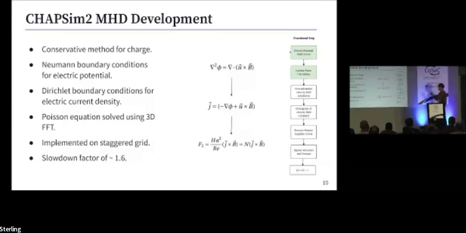And we use Dirichlet boundary conditions for electric current density, and Neumann boundary conditions for electric potential. This is also implemented on the staggered grid. So our electric potential is stored at cell centers, and current density is between faces. And because the FFT is so numerically expensive, this does result in a slowdown of about 1.6.